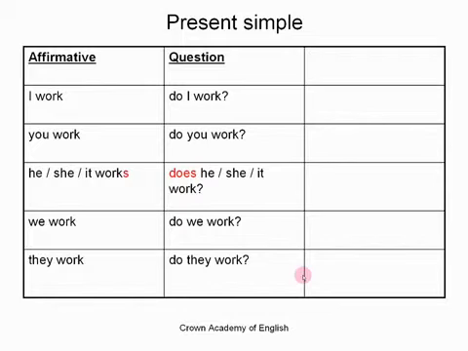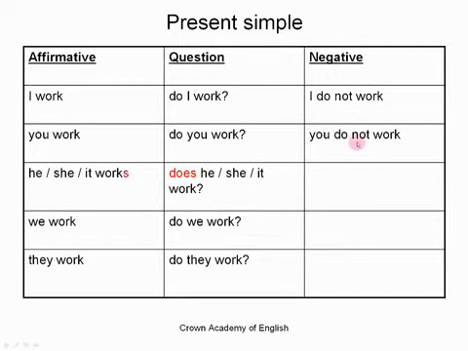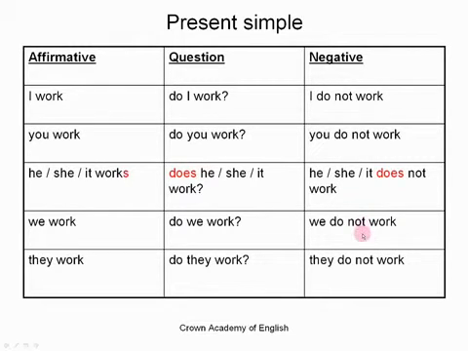Okay, now let's have a look at the negative form. I do not work, you do not work, he, she, it does not work, we do not work, and they do not work. Okay, so again, let's compare the negative form to the affirmative form, and let's look at what the rule is.